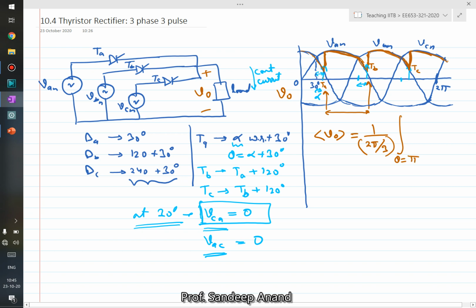Theta going from pi by 6 plus alpha to pi by 6 plus alpha plus 2 pi by 3. And what is the value during this period that we want to integrate? What will be the output voltage? During this period, the output voltage will be equal to VAN. All right, now let us try to simplify this expression.